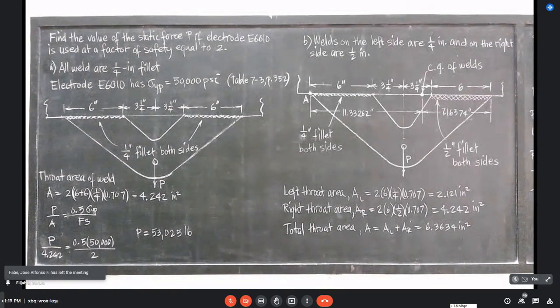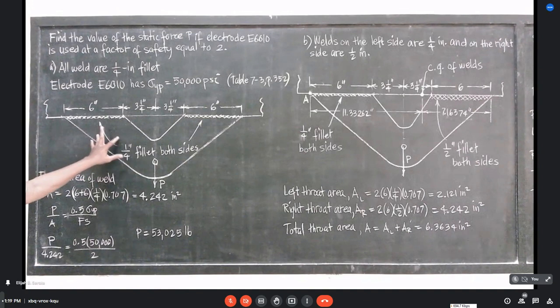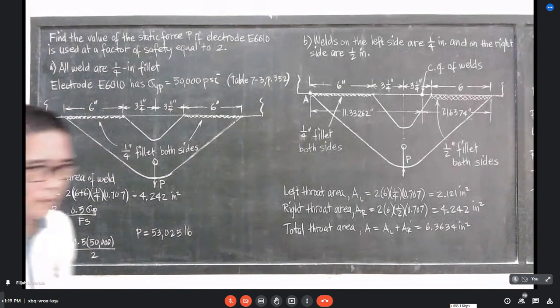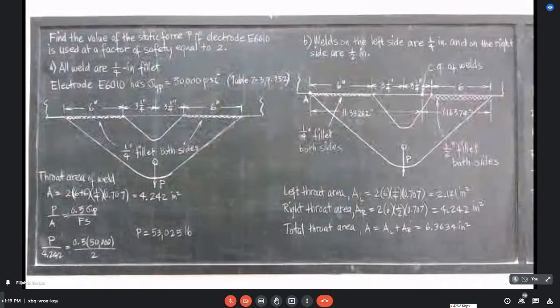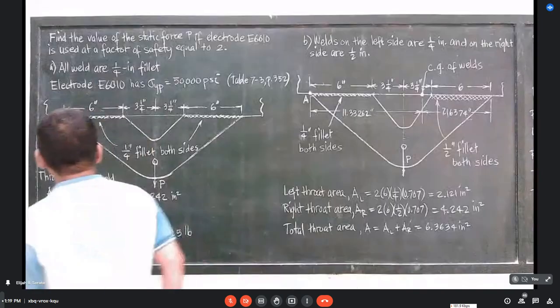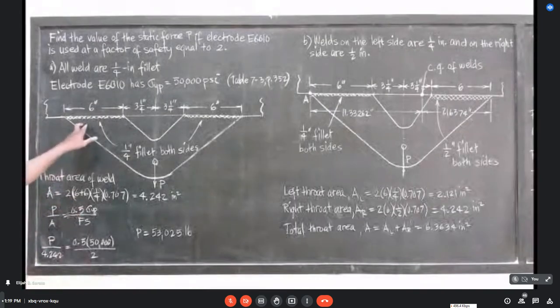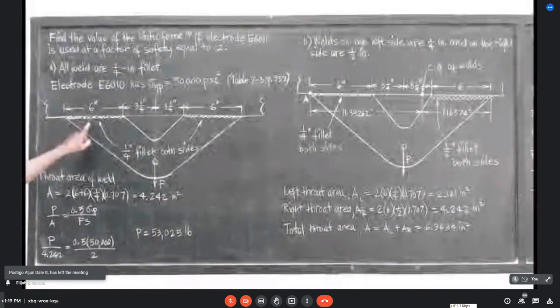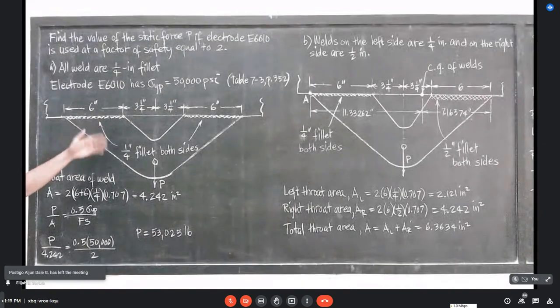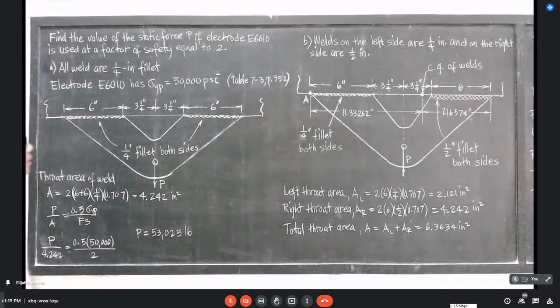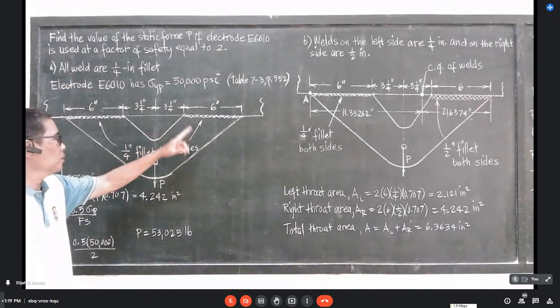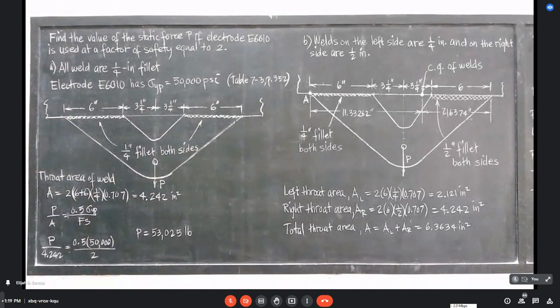So for today, let's look at this example. What we have here is a bracket, and the load is in the center. The load is symmetrical. We have 6 inches of weld here on both sides, and there is also this one, on both sides, a 1/4 inch fillet weld.